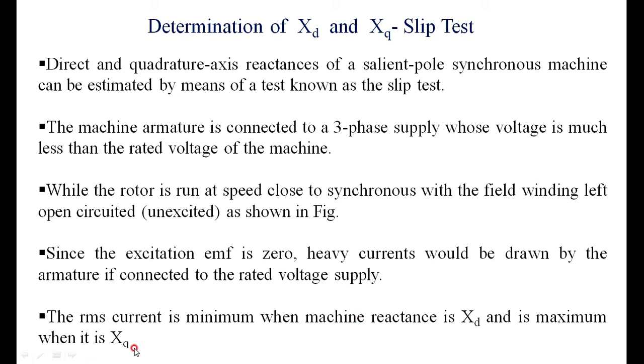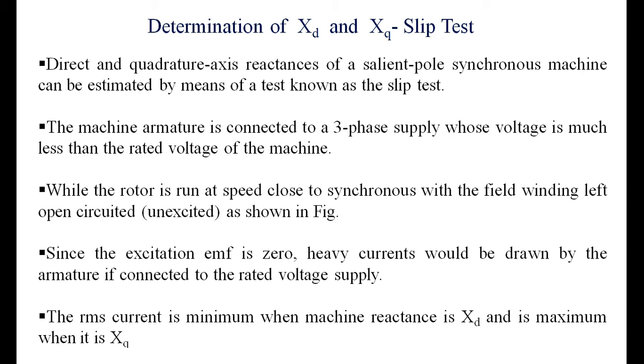We know that the salient pole alternator possesses two different reactances. One is the direct axis reactance XD, which has a higher value compared to XQ. The other reactance, along the Q axis, has a lesser value.